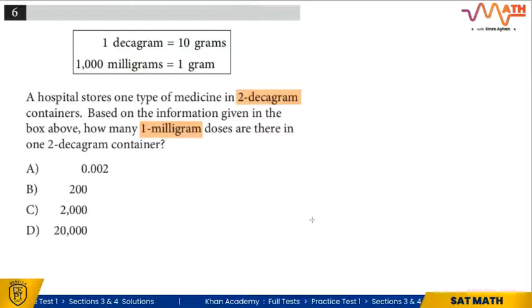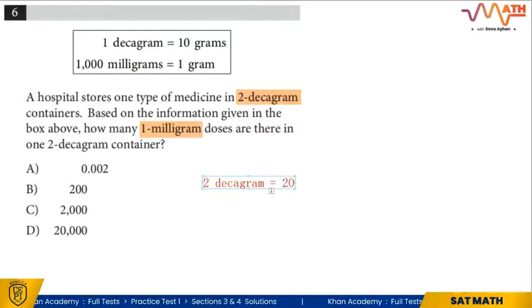In other words, we have to convert decagram to milligrams. 2 decagram equals 20 grams, right?